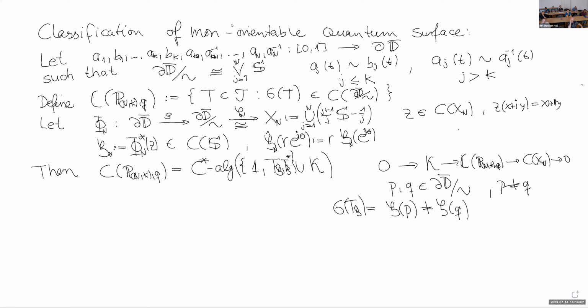So essentially normal, with essential spectrum X_N up to compacts. And this I will use to show which of these extensions will be isomorphic.